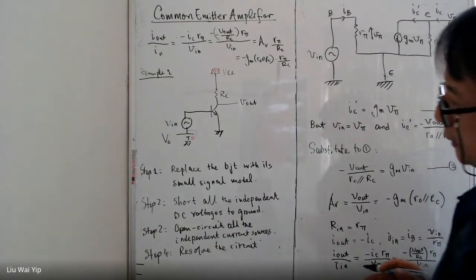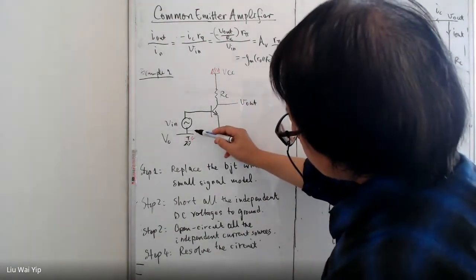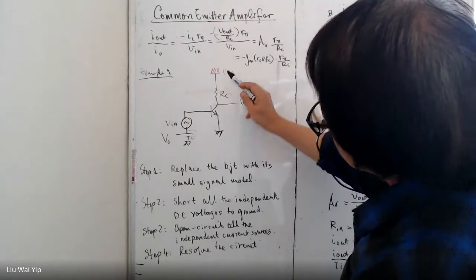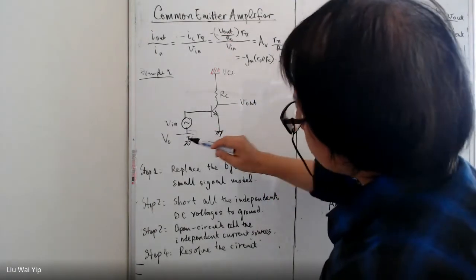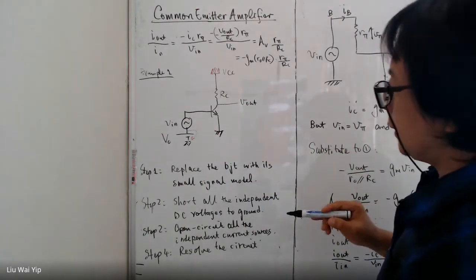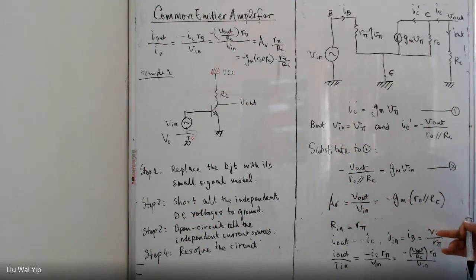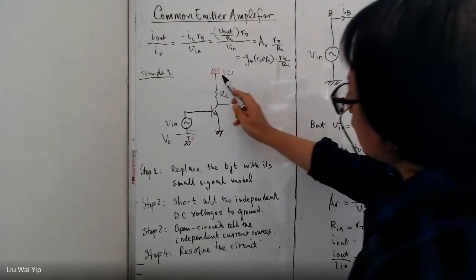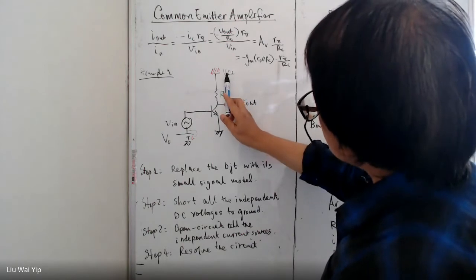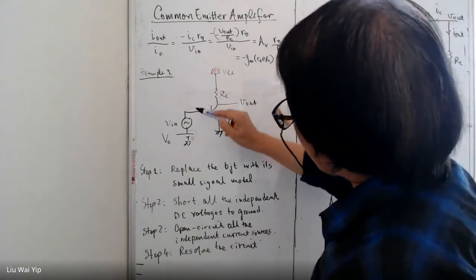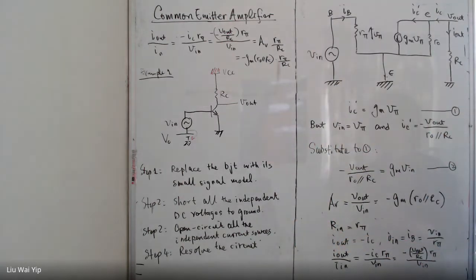One of the drawbacks is it requires two batteries. One is VCC, another one is V naught here. And for such a simple circuit, we don't really need two sources. So ideally, we use the same source of voltage, VCC here, to bias the base as well. So this will also optimize the circuit economically.